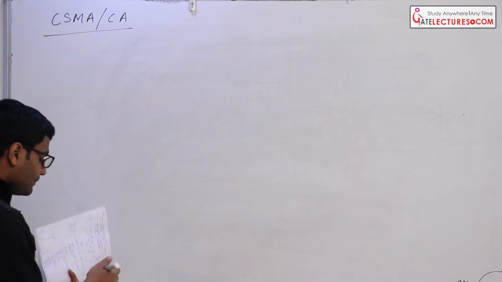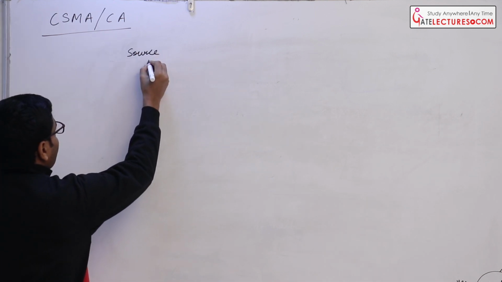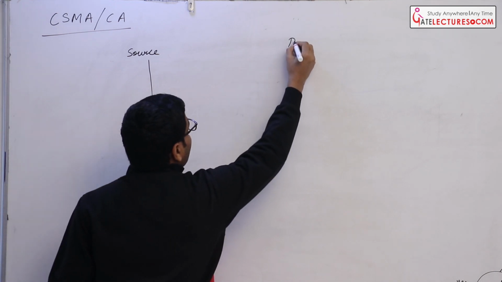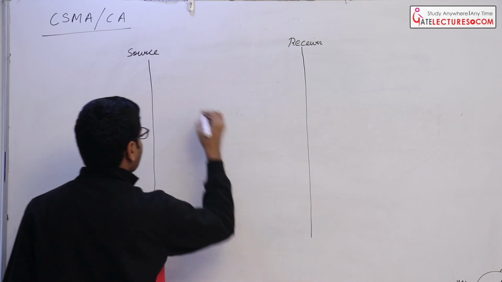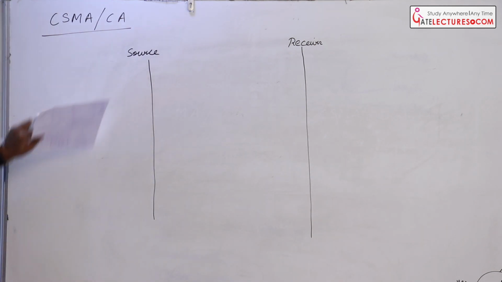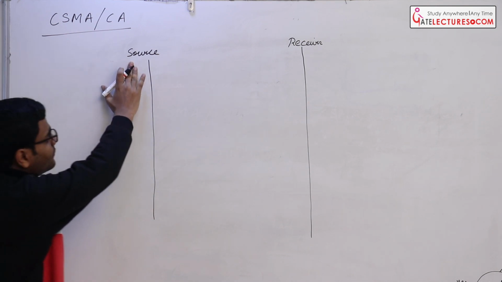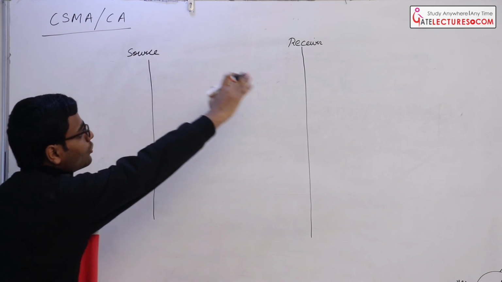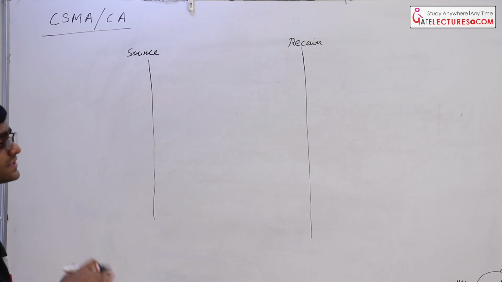So what is the process now? We have a source and we have a receiver, or sender and receiver. As in Ethernet, we have carrier sensing multiple access. When this sender or source wants to send some data to this receiver, it first senses the carrier. If the channel is idle, then it will send the data.